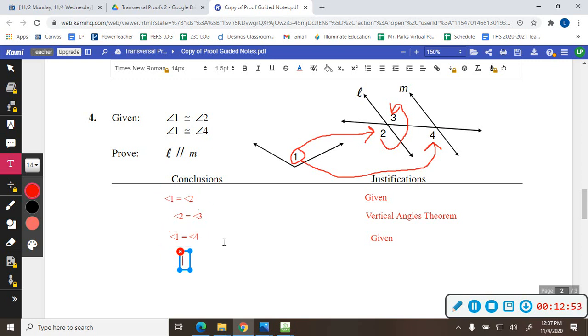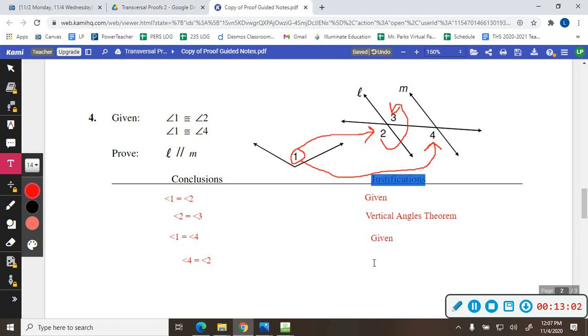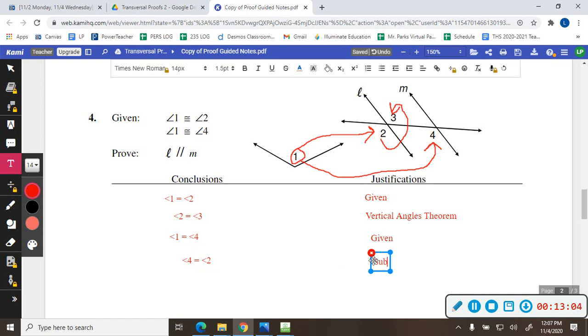So I could make the conclusion that angle 4 is equal to angle 2 by the substitution property. So if I know 1 is 4 and 1 is 2, then 2 is also equal to 4. Okay? So I just showed that 2 and 4 are the same.